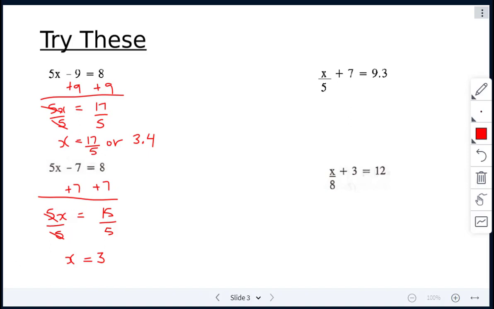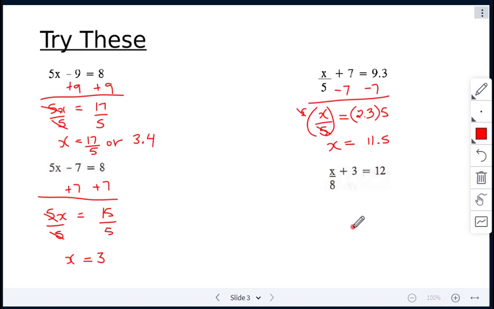This example here turned out to be the exact same example we've already done previously, but this time I'll do it correct the first time. Subtracting 7 on both sides leaves me with x over 5 is equal to 2.3, and then we multiply by 5 on both sides, which left me with x is equal to 11.5.